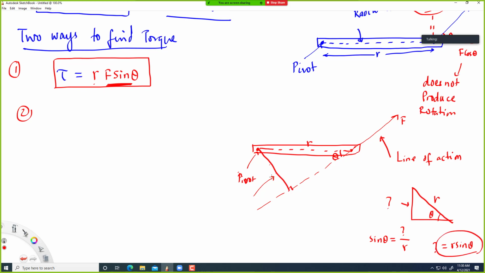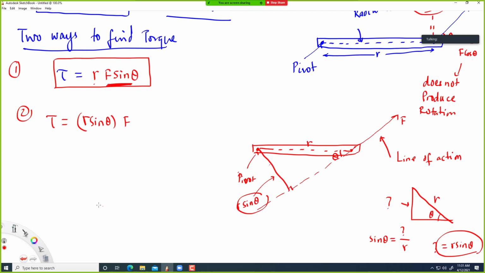So this distance is r sine theta. So in this method, we will multiply this distance, r sine theta, with the force. Okay. So this is the second approach.